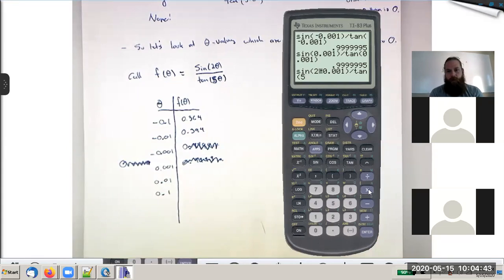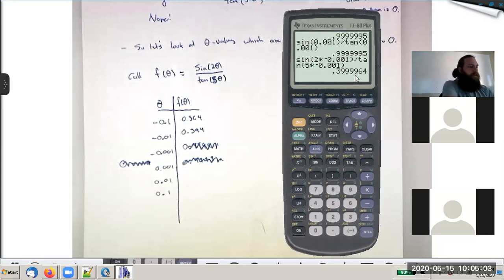Sorry, typing on this virtual calculator is a bit of a pain. Divided by the tangent of 5 times negative 0.001. Okay. So yeah, this is 0.39999.